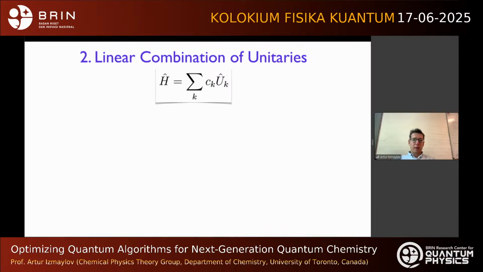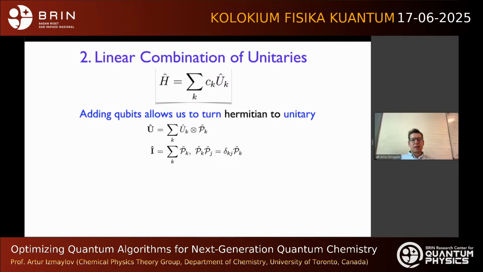All right, but back to these post-Trotter methods, the idea is that with extra qubits, you could do some really interesting stuff. Like we know that in normal circumstances, a sum of unitaries is not a unitary. But if you add tensor product extra projectors, then it turns out you can sum the unitaries.